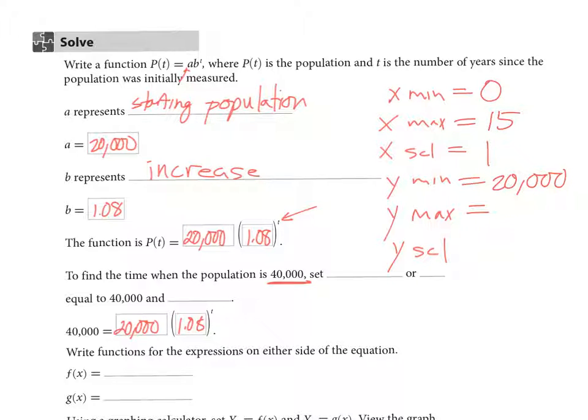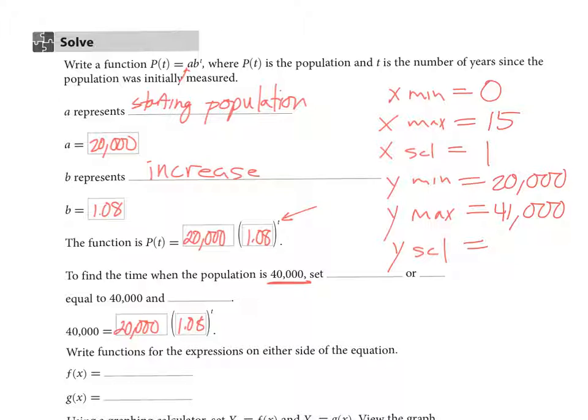At minimum what? 40,000. I actually need to see on the graph where they intersect. So I went a little bit above. You could go 42. I went 41. Something above that where you can see it. If you just do 40,000, it's going to intersect at the very, very top of your calculator. And that's not very helpful.